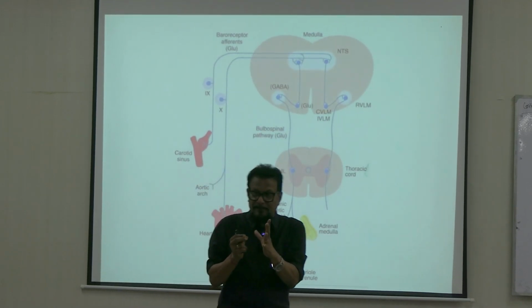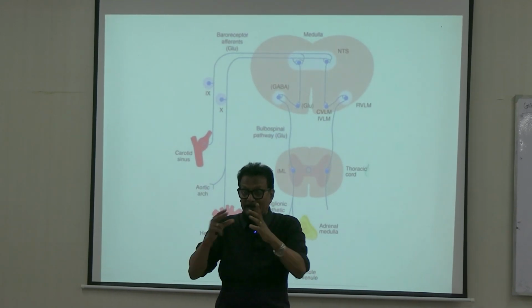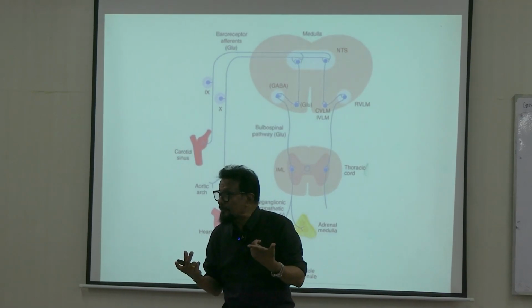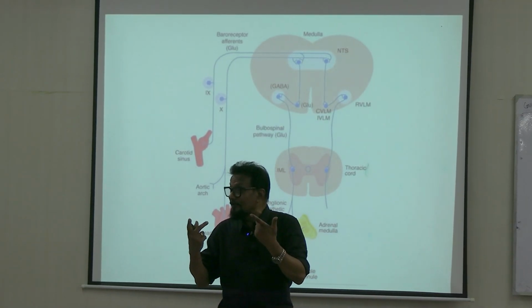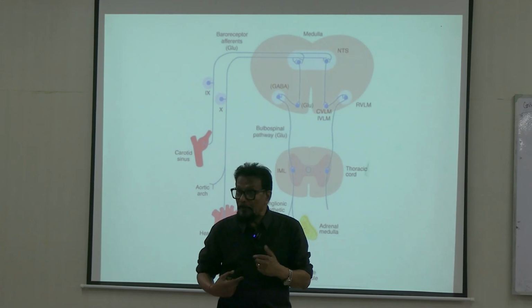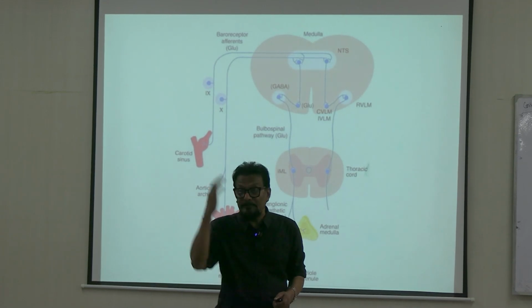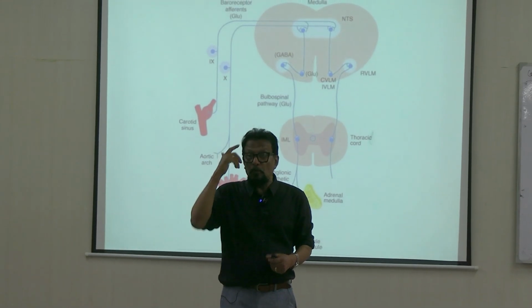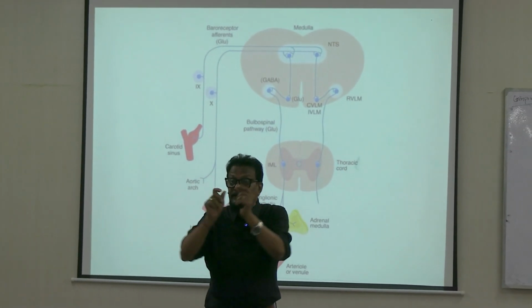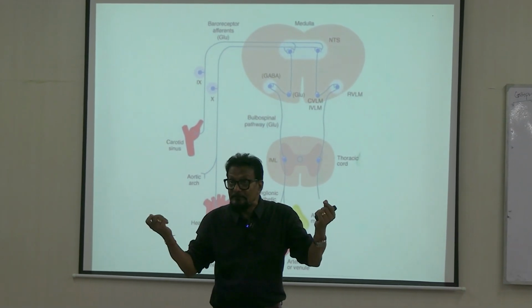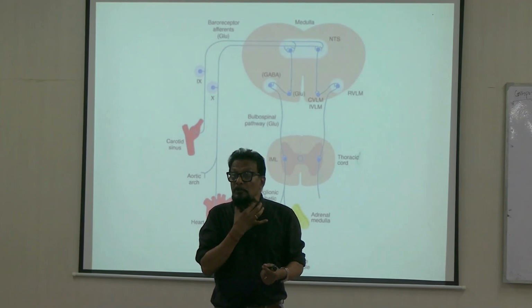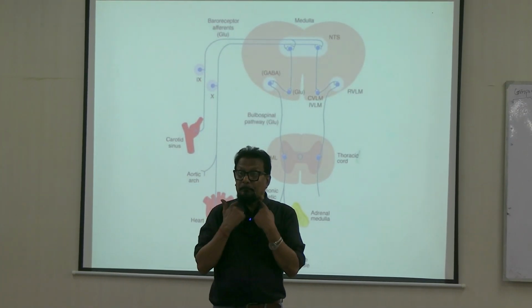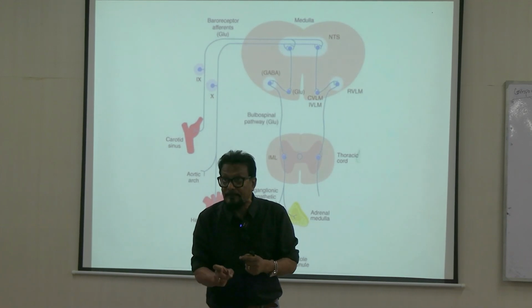These free nerve endings become stimulated when the sinus is dilated or stressed, which happens when blood pressure is increased. It is the safety valve for the brain. If blood enters with high pressure, there may be tearing of the blood vessels. So it gives a warning to the vasomotor center: blood pressure is very high, control it immediately.